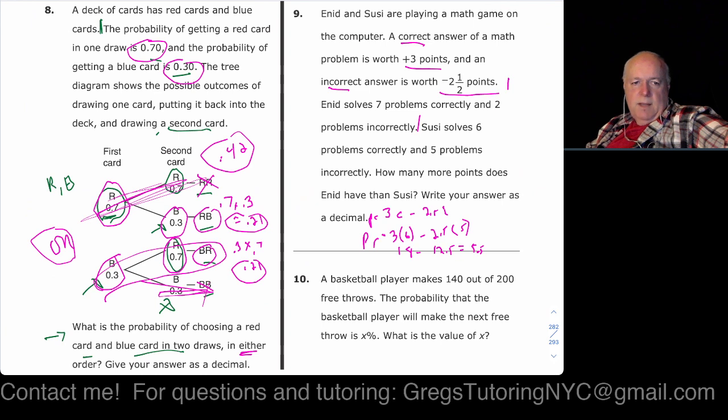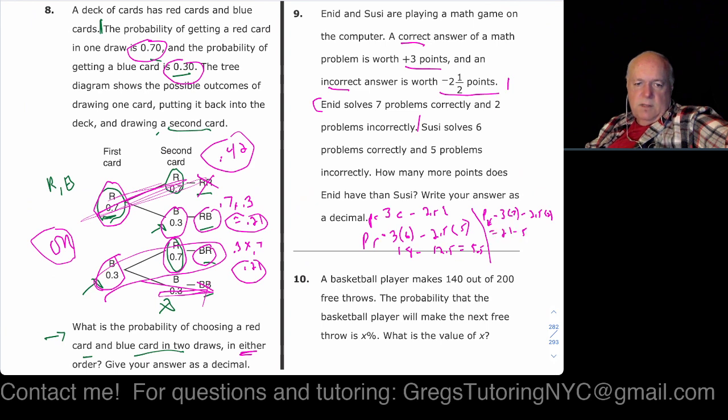And I skipped Enid. So the points for Enid is going to be, she solves 7 correctly. So it's going to be 3 times the 7 minus 2.5 times 2. So hers is going to be 21 minus 5.